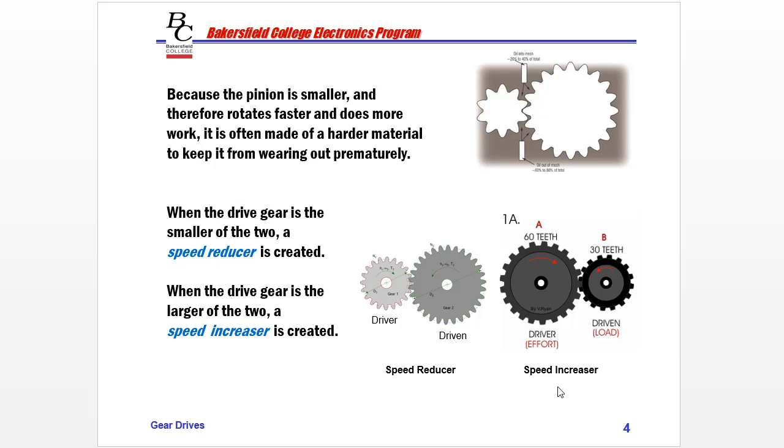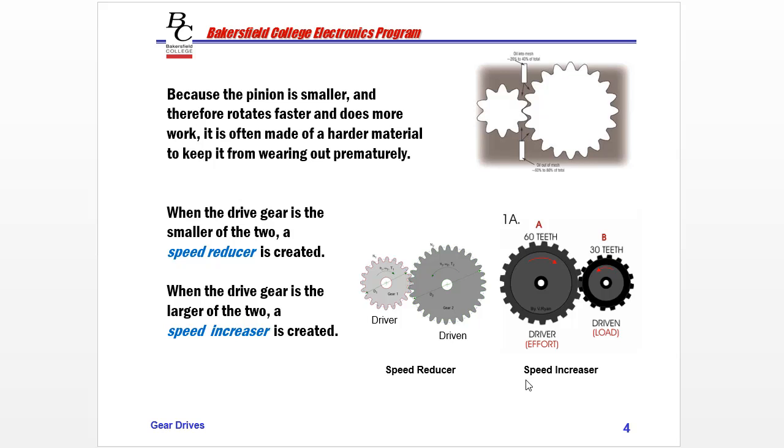And just like we talked about last lecture, if we have a speed increaser, what is our output torque going to do in relationship to our effort torque? Well, you're right. The torque is going to decrease.